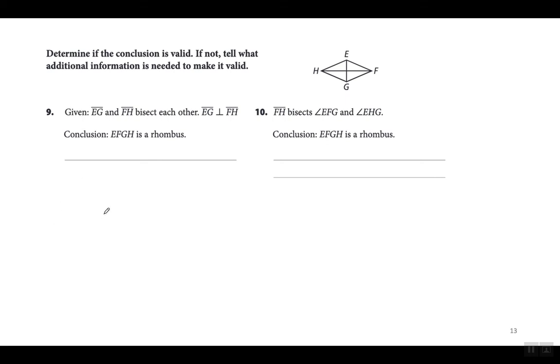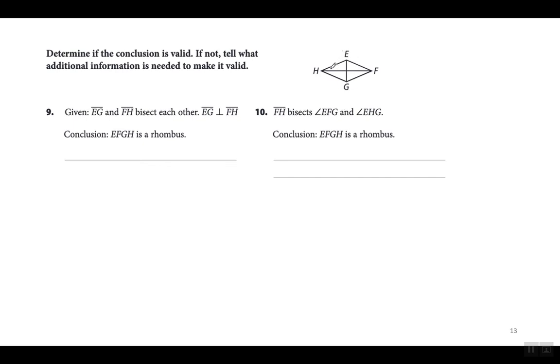All right, so I would listen to this explanation. Okay, in the previous chapter, we went over that if you have a quadrilateral like we do here, and the diagonals bisect each other, then that means that this is a parallelogram. That's really important and easy to miss.